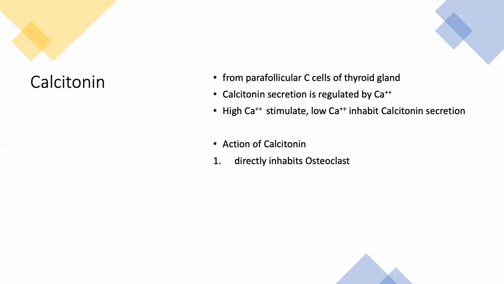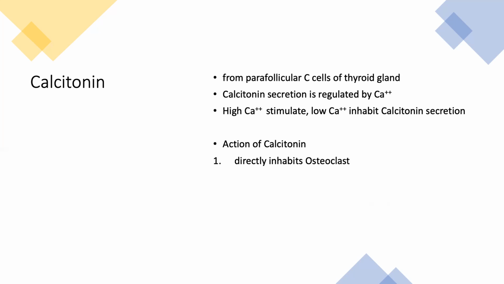Calcitonin comes from the parafollicular cells or C cells of the thyroid gland, and its secretion is regulated by calcium: high calcium will stimulate, and low calcium level will inhibit calcitonin secretion. This name is interesting: calci means calcium, tonin means tonic.